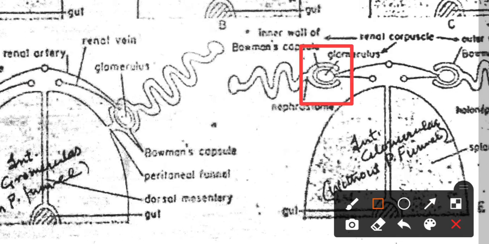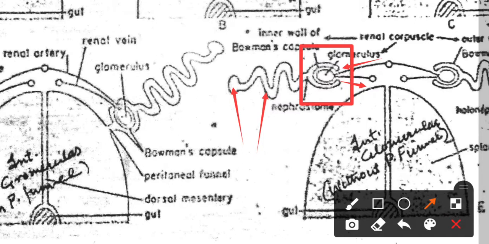They are present in the Bowman's capsule, which is formed from the walls of the nephrocele. They have a particular tubule, and they have a holonephric duct. So this is the actual duct which is draining all the things out. They are taking the renal artery, and they are giving off the vein which is going to the cardinal vein.